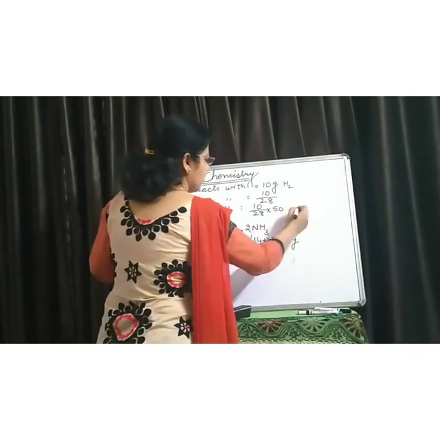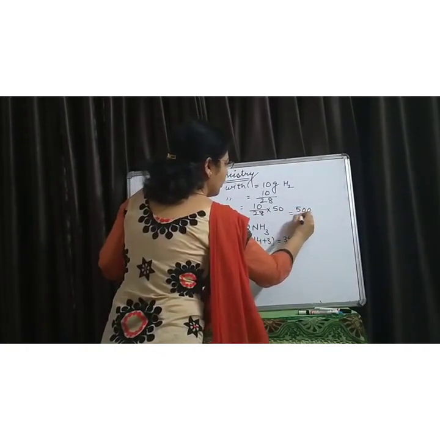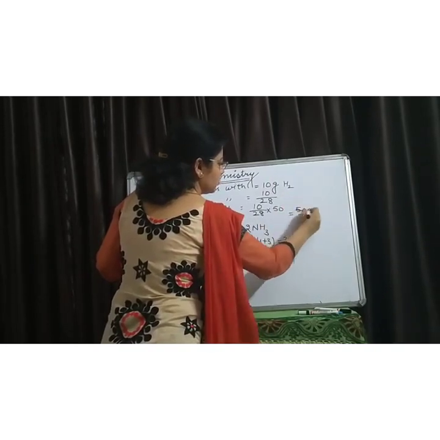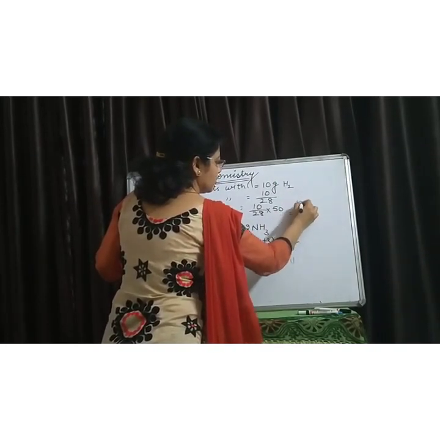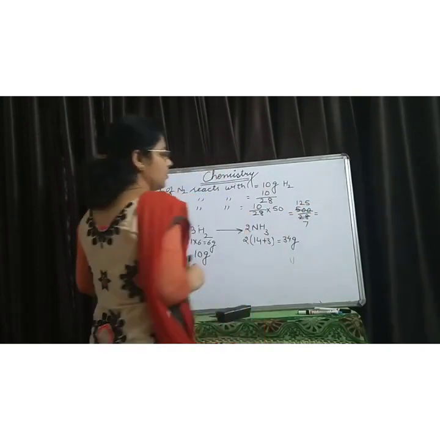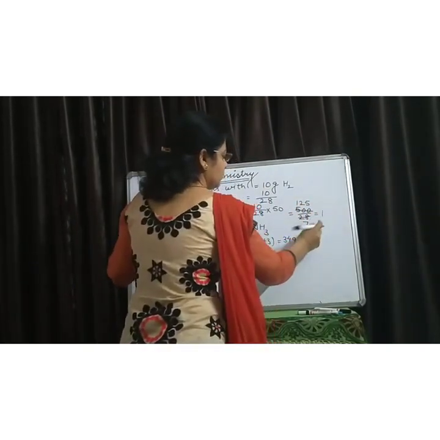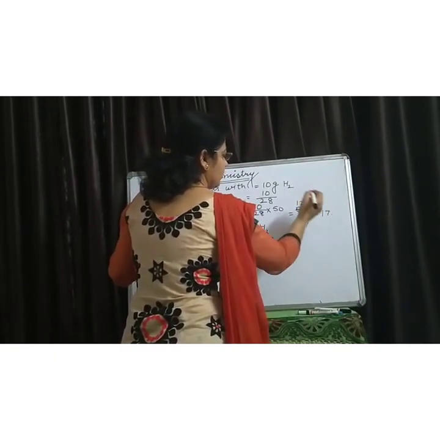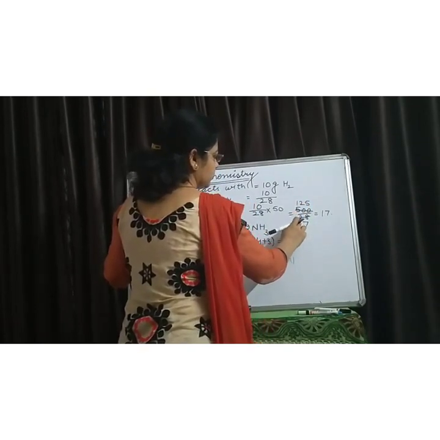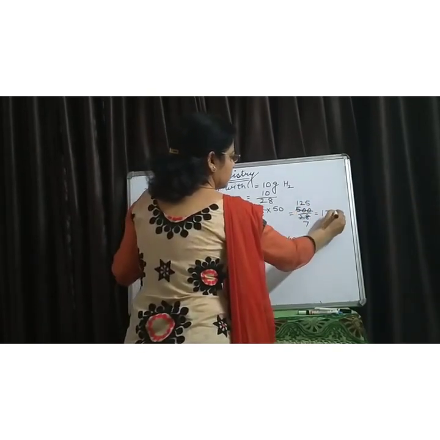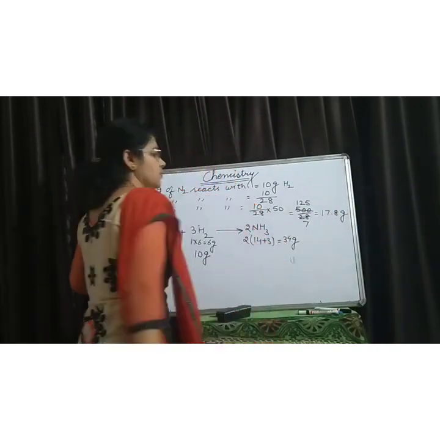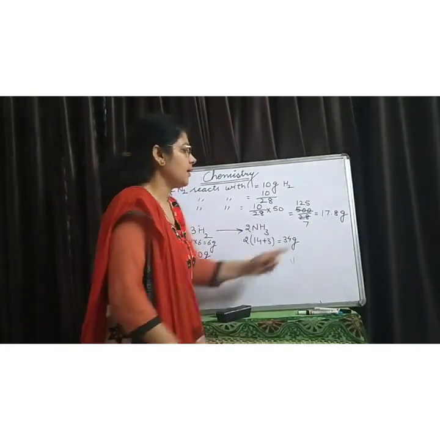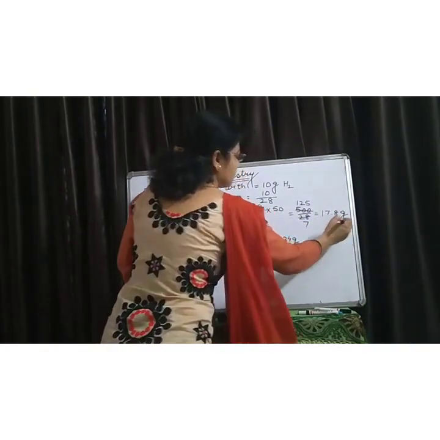it comes out to be 500 divided by 28, which is 17.8 grams of hydrogen.